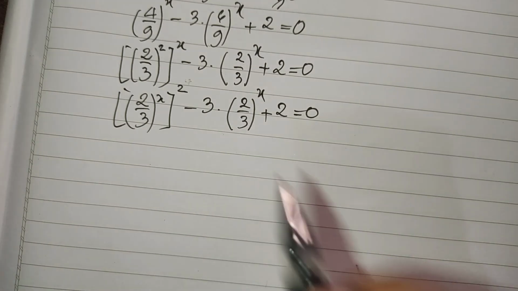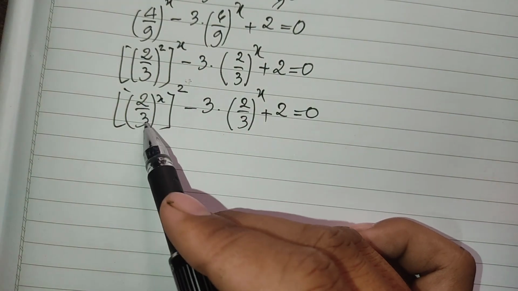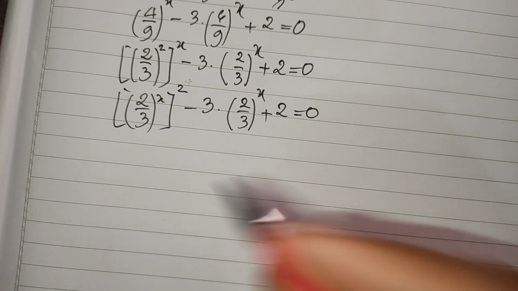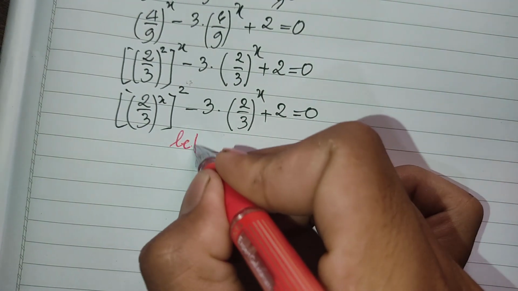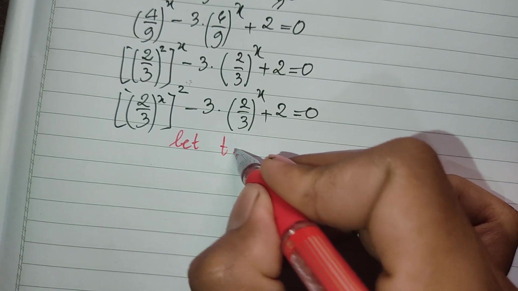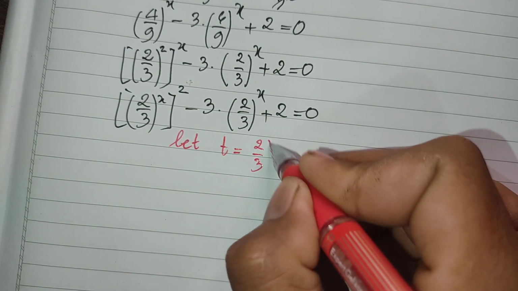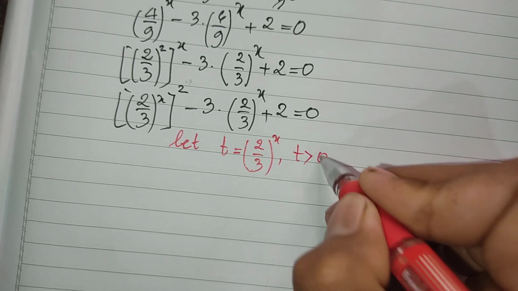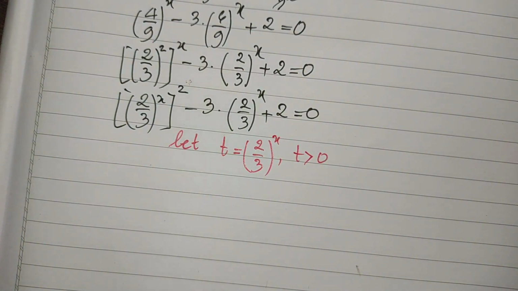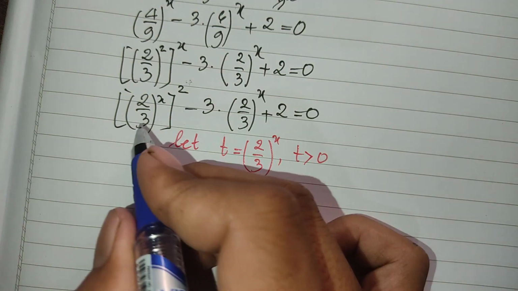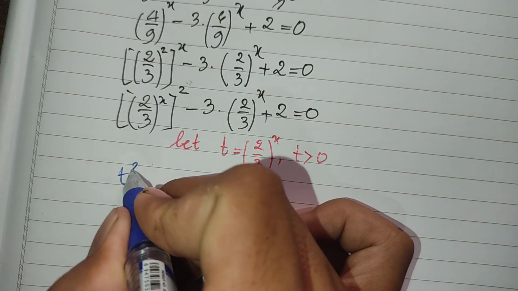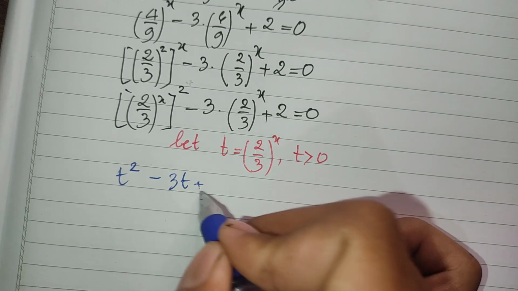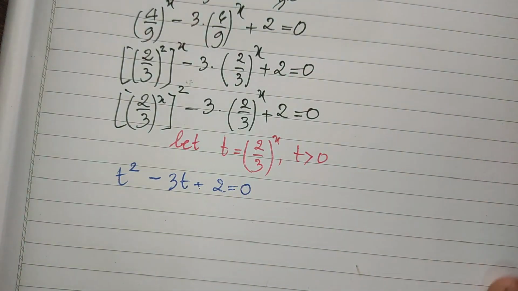Okay, now in our equation, (2/3)^x is the same term. So we can let t equal (2/3)^x, and this t must be positive. So we get the equation t squared minus 3t plus 2 equals 0.